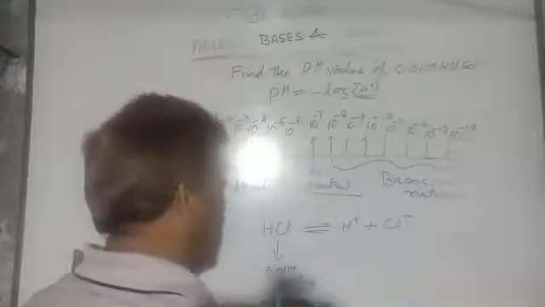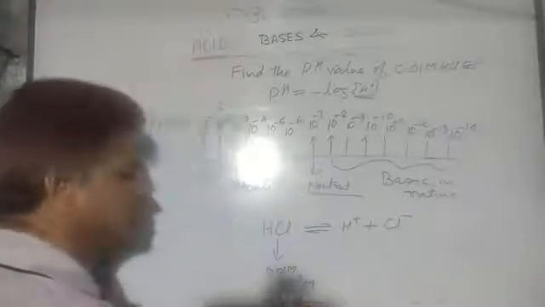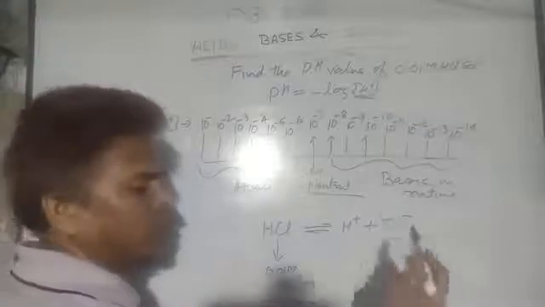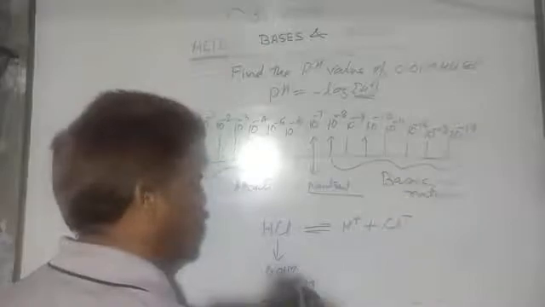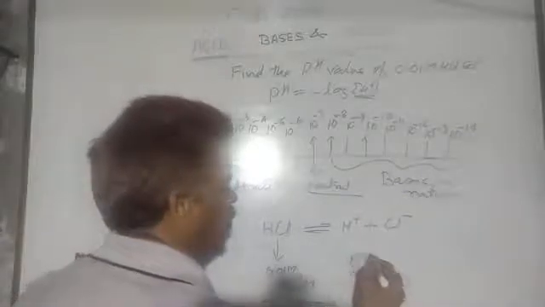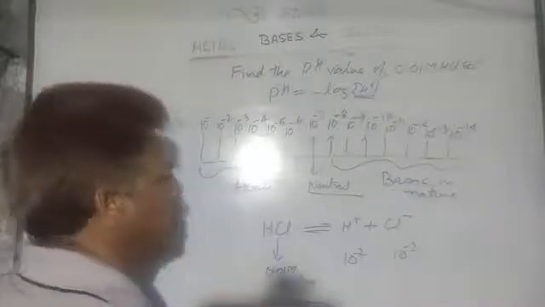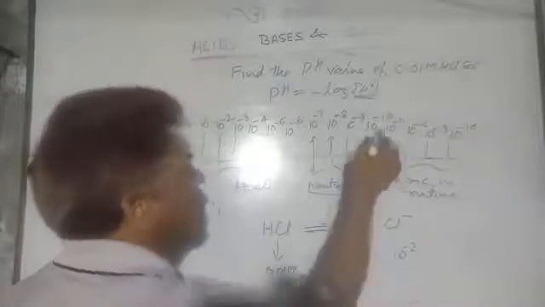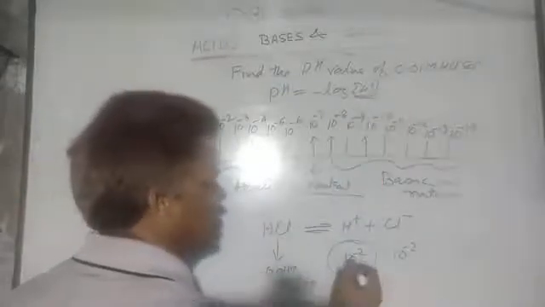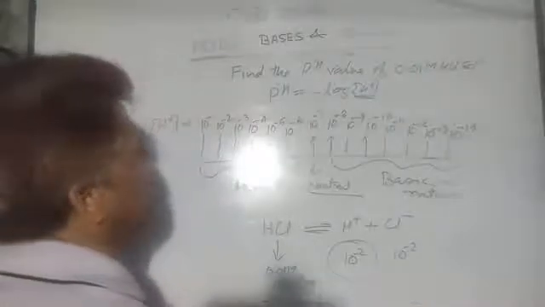So the molarity 10 to the power minus 2 molar means 10 to the power minus 2 mole present in 1 liter. In the same way, 10 to the power minus 2 mole dissociates into 10 to the power minus 2 mole hydrogen ion and 10 to the power minus 2 mole chloride ion. So the hydrogen ion concentration of the given solution is 10 to the power minus 2. Just put the value in the formula, then it will be clear what the pH value of this solution is.